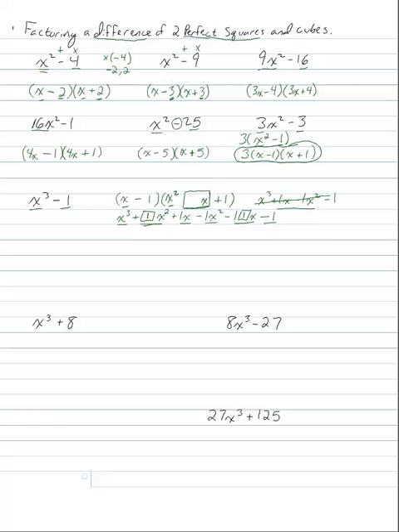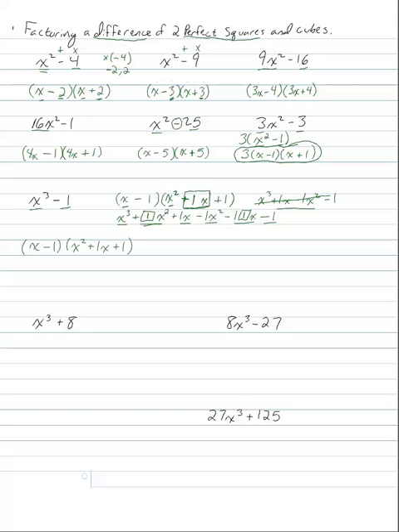Hopefully you can see that. If I want box x squared and minus 1x squared to cancel, that box has to be a 1. So I'm going to make this box a positive 1. So this is going to factor to x minus 1 times x squared plus 1x plus 1.